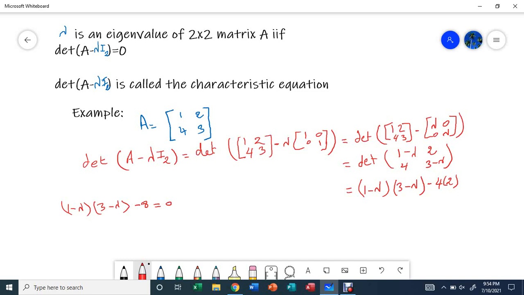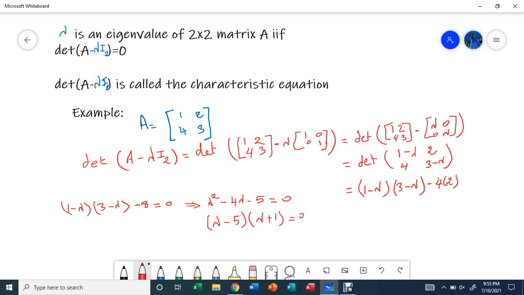If you distribute this, you get lambda squared minus 4 lambda minus 5 equals 0, and this can be factored nicely: lambda minus 5 and lambda plus 1.